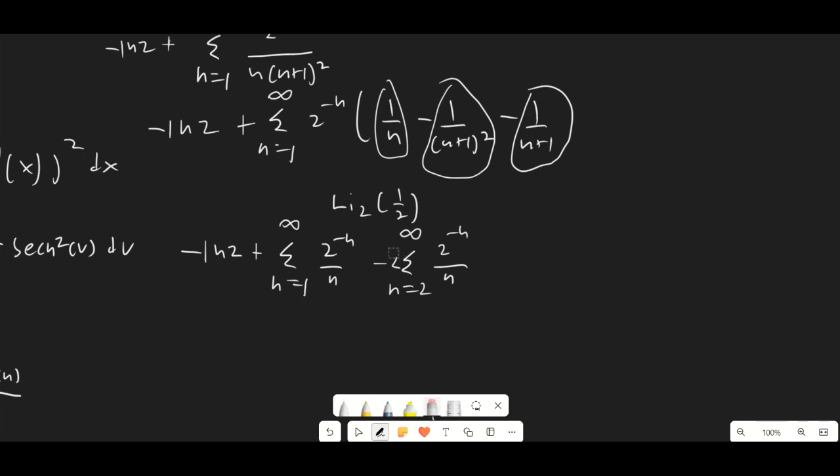Actually, all multiplied by 1/2 right here. And then we're also going to be subtracting the sum from n equals 1 to infinity of 2^(-n) over (n+1)².